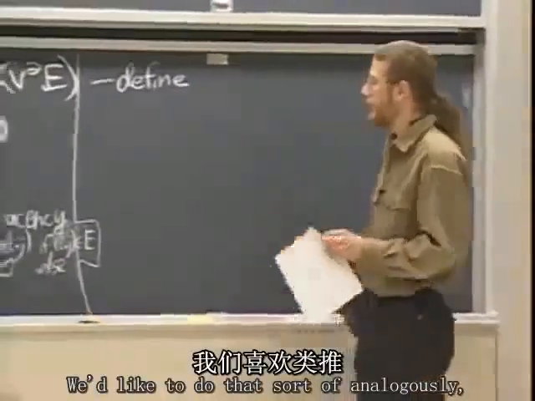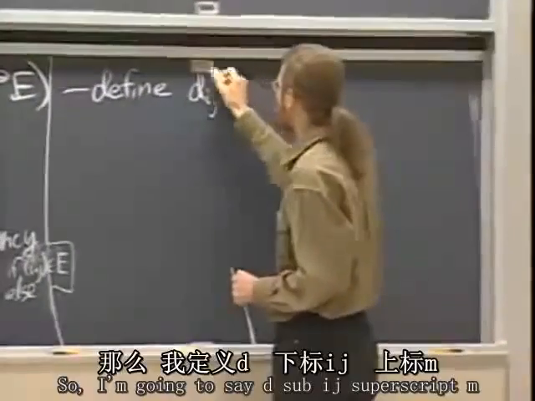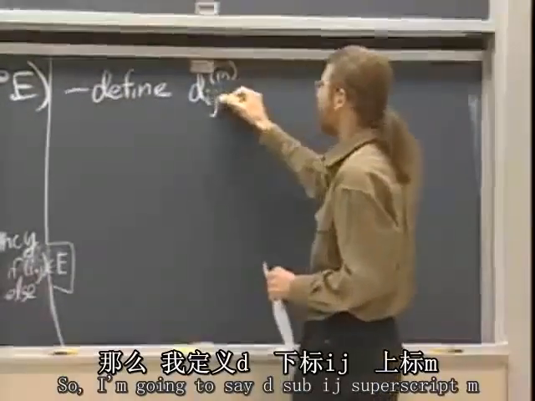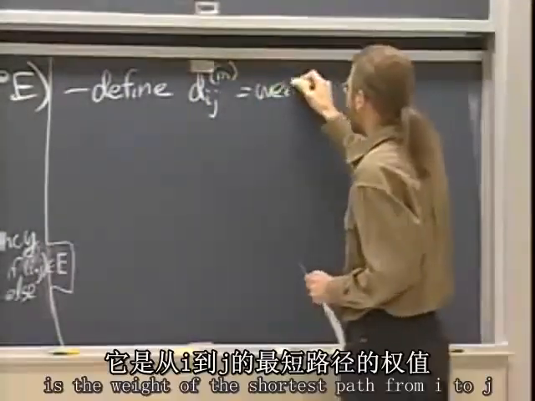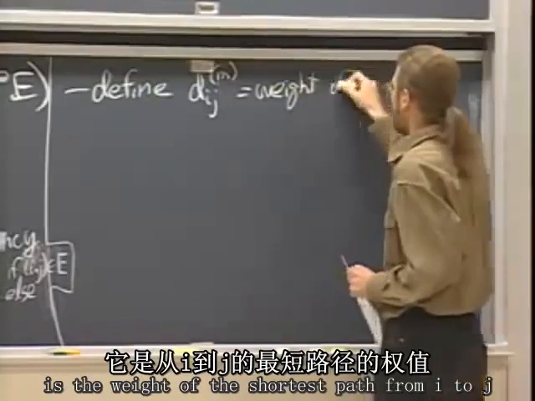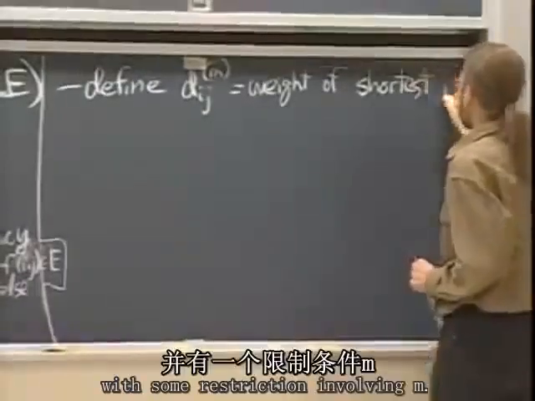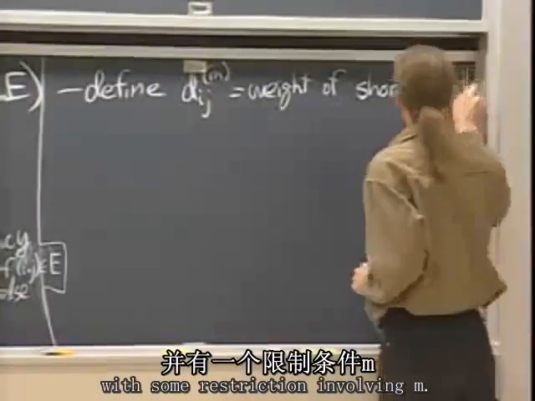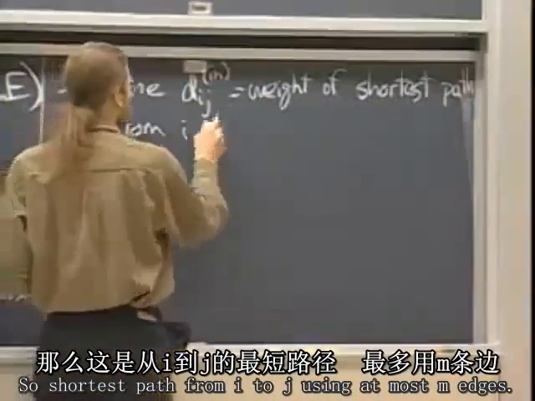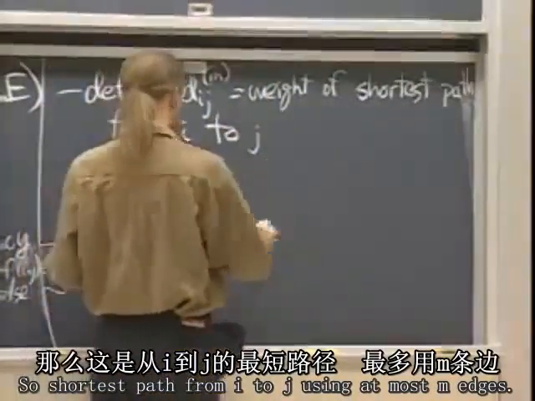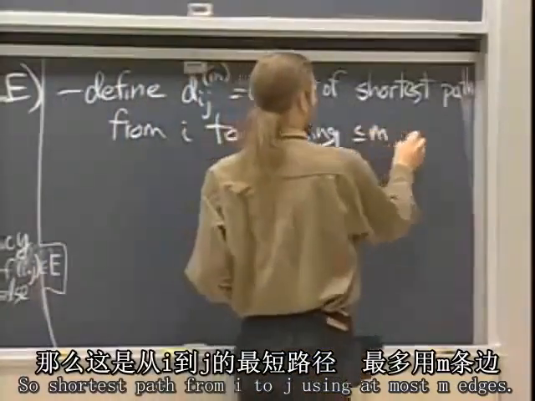We'd like to do that sort of analogously and try to reuse things a little bit more. So I'm going to say d_ij superscript m is the weight of a shortest path from i to j using at most m edges.